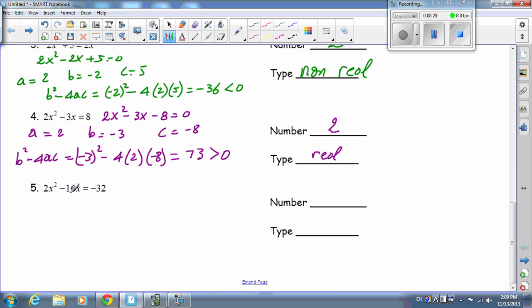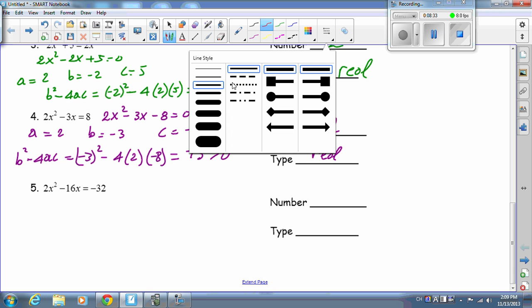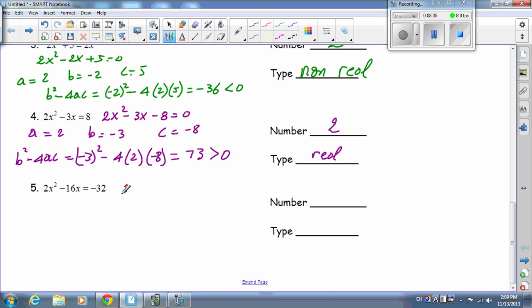The next one says 2x squared minus 16x is equal to negative 32. So what I will do is rewrite it again as 2x squared minus 16x plus 32 is equal to 0. Well, a is equal to 2, b is equal to negative 16, and c is equal to 32.